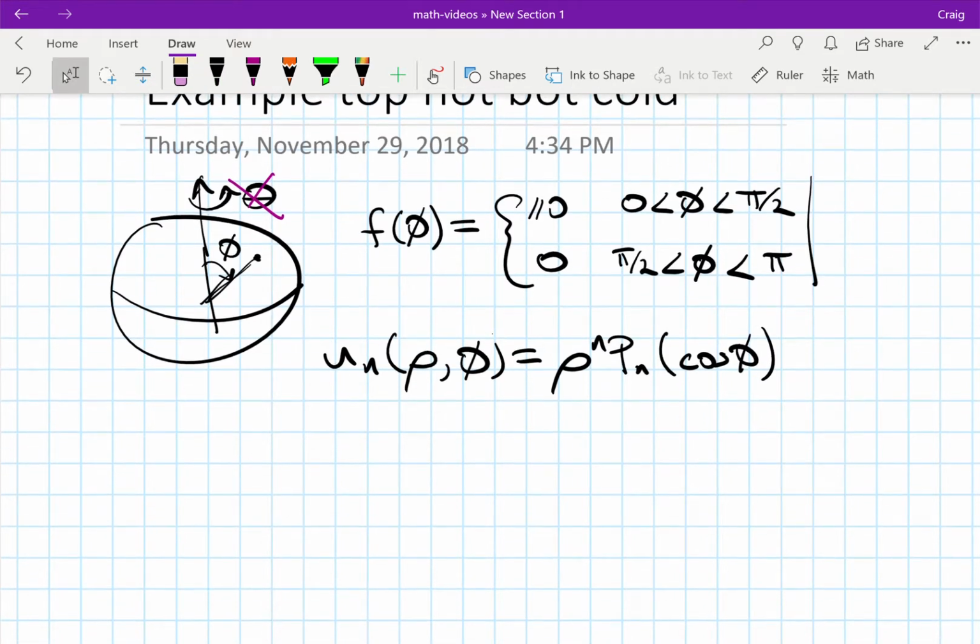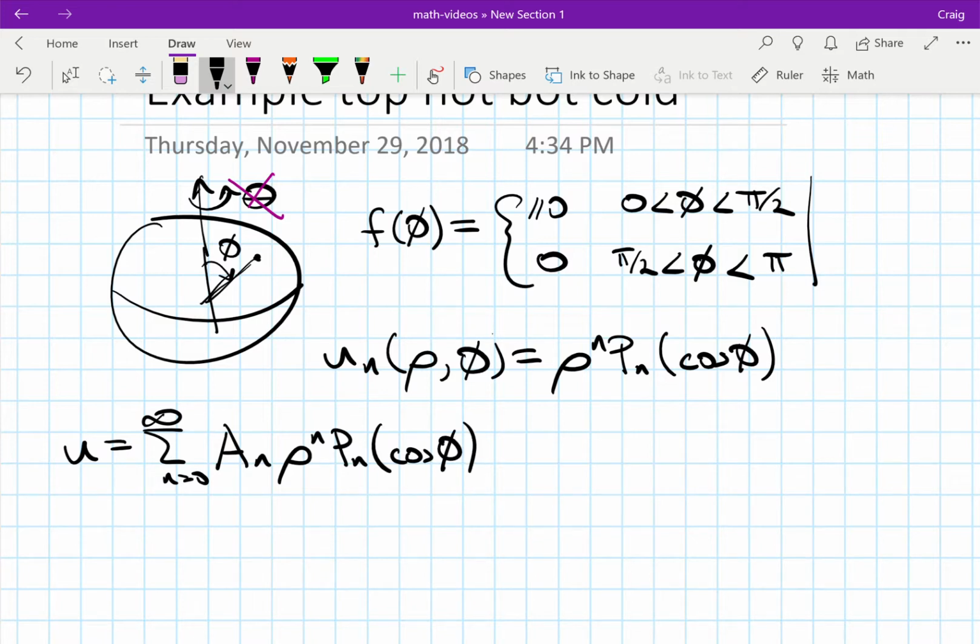Of course, as usual, we can use an arbitrary superposition of these, and in general our function u will be the sum from n equals 0 to infinity of, let me call the coefficients in the expansion a sub n, rho to the n, P sub n of cos phi.